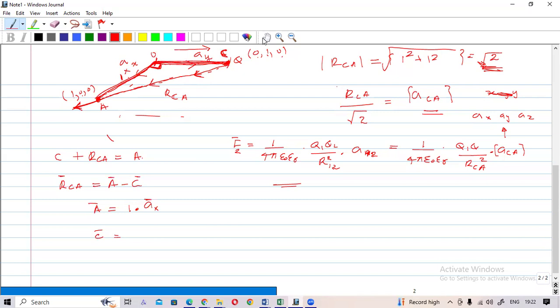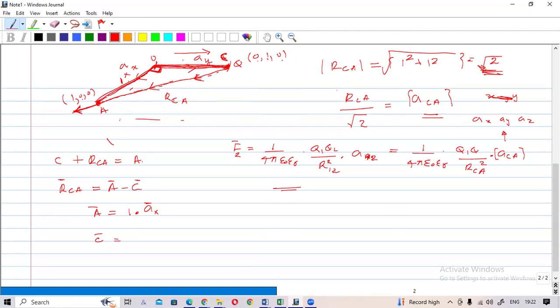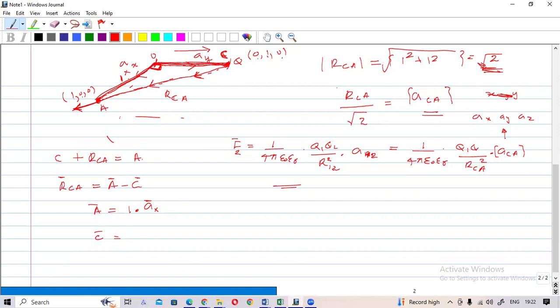Can anyone tell me what is this length? Very easy. Yes, that is 1. This length is 1. Then we get this vector as C, and the unit vector is AY. So then what is C? Vector C is equal to what?